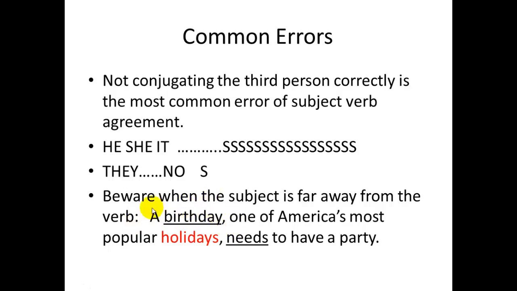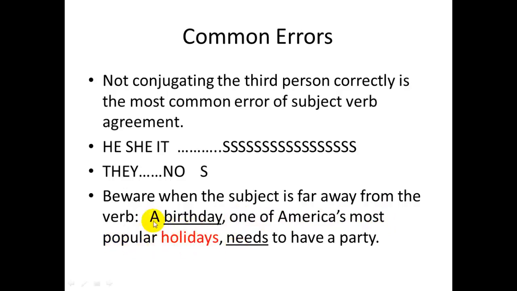Our verb is needs, so a singular subject conjugates needs. However, you have a plural noun immediately before the verb, but this plural noun, holidays, is not the subject of the sentence. It's just part of this extra little piece in here.